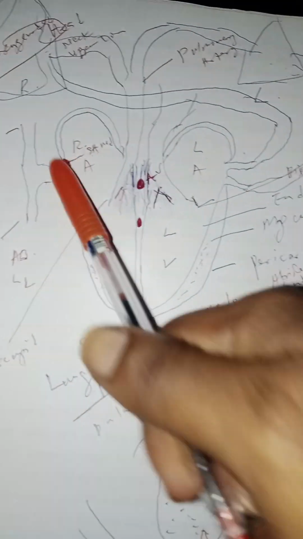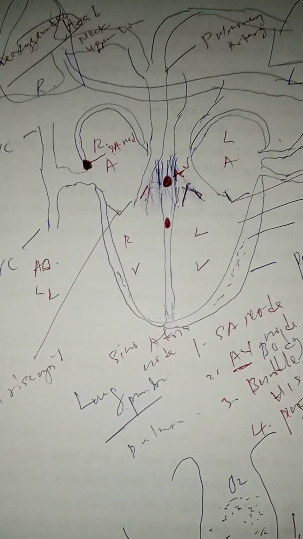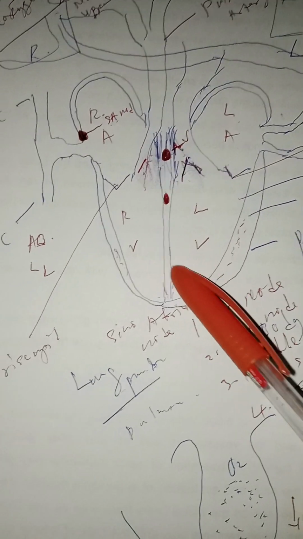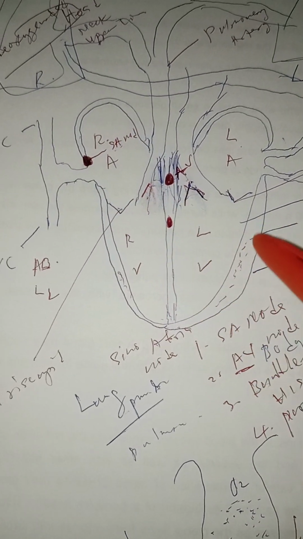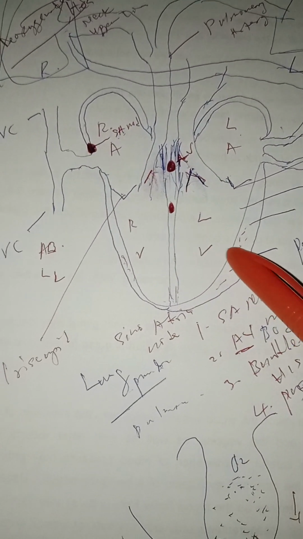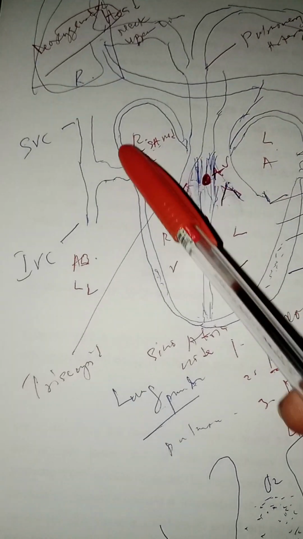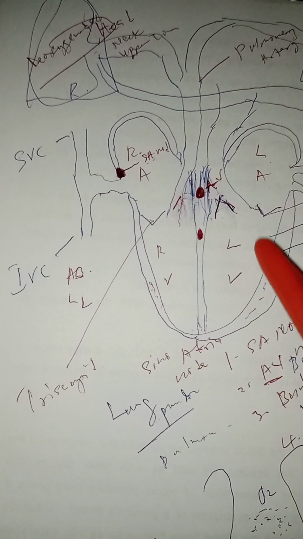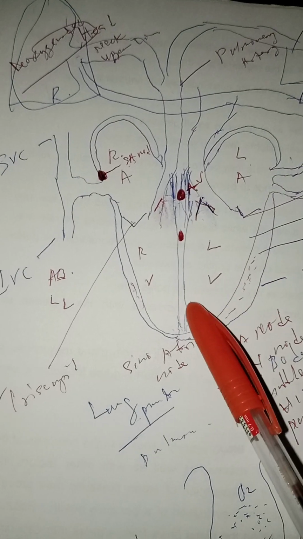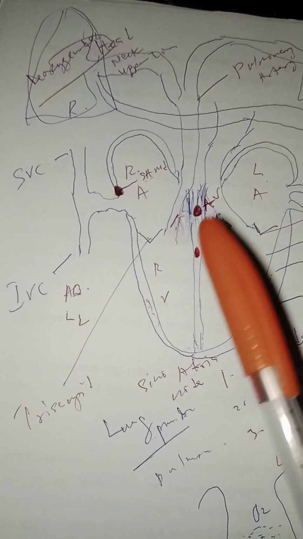What really happens? The SA node is called the pacemaker of the heart because it coordinates these units that I have just shown you. It coordinates the inherent ability of the four chambers of the heart to cooperate effectively in the free flow of blood in and out of the heart.